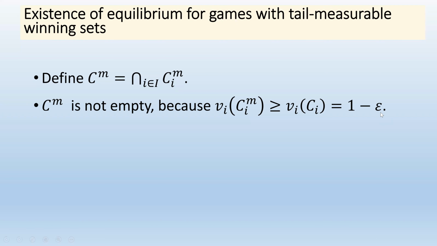And since this is an equilibrium, and in equilibrium each player gets at least their min-max value, it means that when all players play their equilibrium strategies in the finite game, each one of them enters their CIM with probability at least 1 minus epsilon.